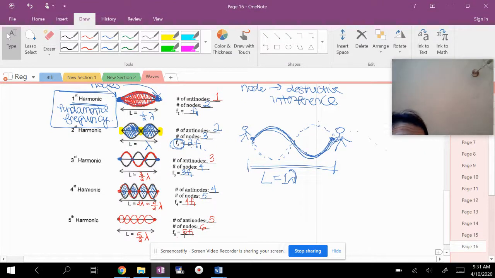I want you to note that for the 3rd harmonic, where do you see the number 3 here? Well, I see it right here in the numerator of the fraction. For the fourth harmonic, where do you see the number 4 here? Right here in the numerator, and so on. So that value is consistent for standing waves on a string.